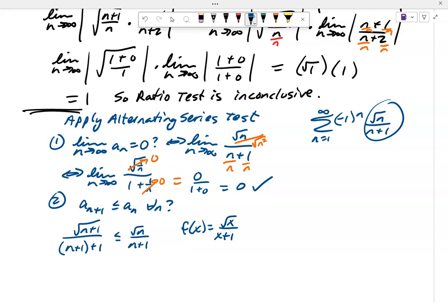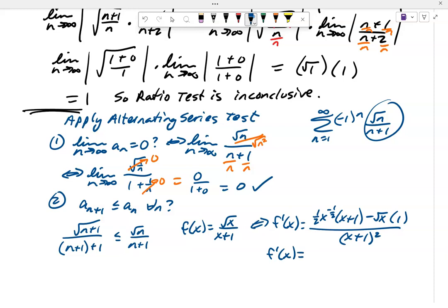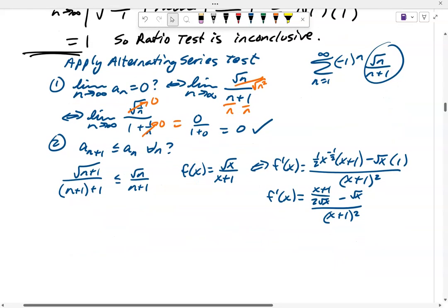If you can't see it on that first one, so it's good practice. Let's take a derivative of a quotient: derivative of the top times the bottom, minus the top times the derivative of the bottom, over bottom squared. And so this f prime of x will end up being (x plus 1 over 2 root x minus root x) all over (x plus 1) squared.